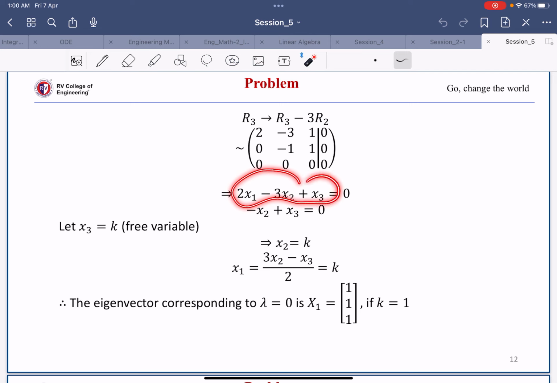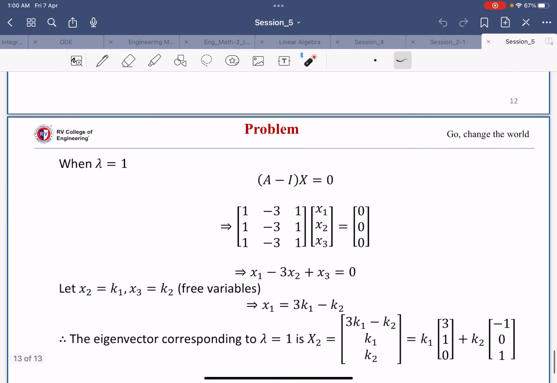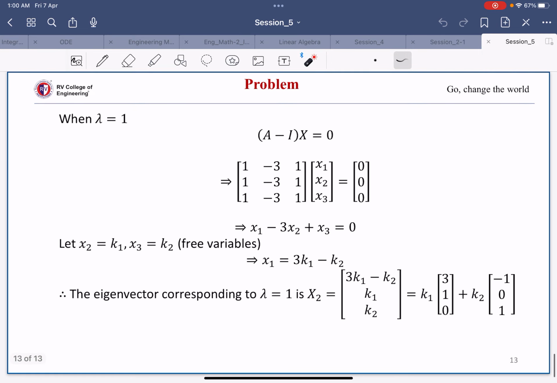Substituting in this equation gives you x1 also as k. So my eigenvector will be k, k, and k. So if k is equal to 1, then (1, 1, 1) will be our eigenvector corresponding to the eigenvalue lambda equal to 0. So we are still left with the other eigenvalue, lambda equal to 1.